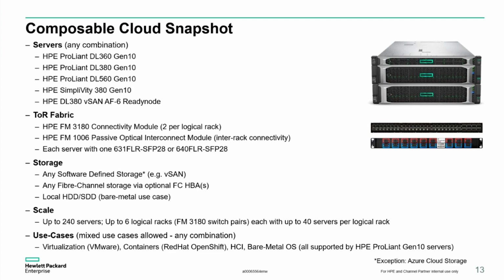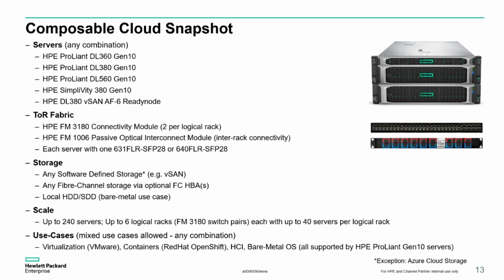So from a storage perspective, you can do pretty much any software-defined storage. We have some specific benefits with vSAN, but if you want to do Gluster or OCS on OpenShift or Kubernetes, you're going to be able to do that. Right now, we're working to support Azure Cloud Storage.